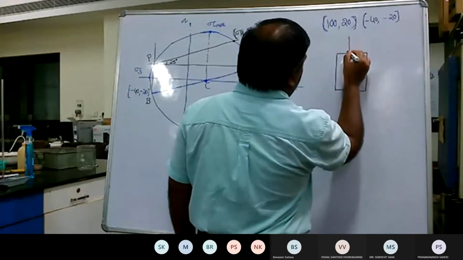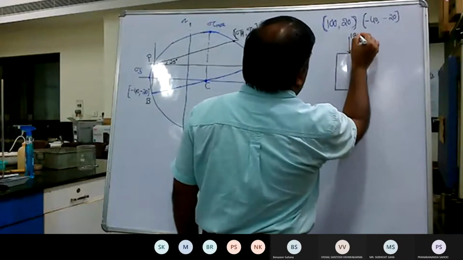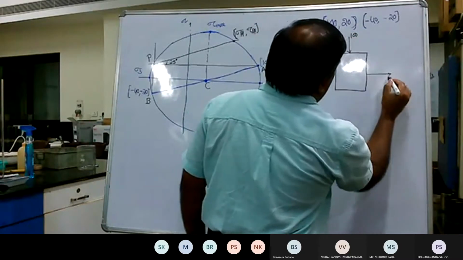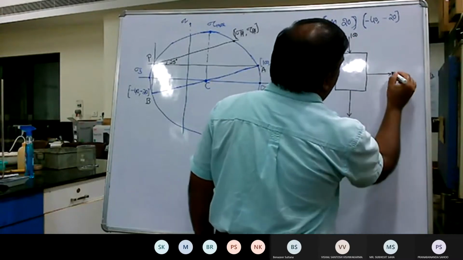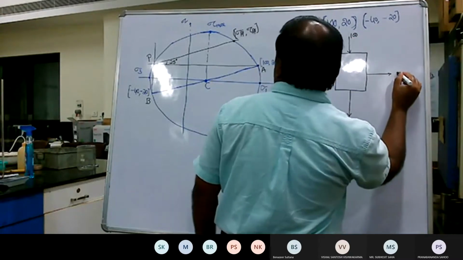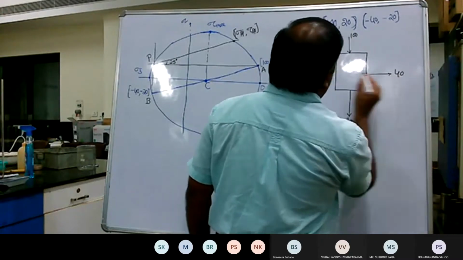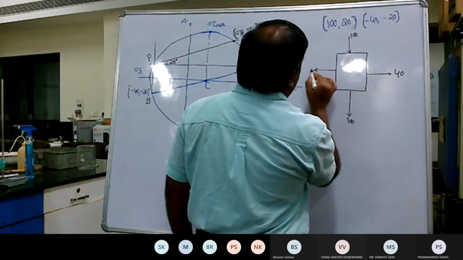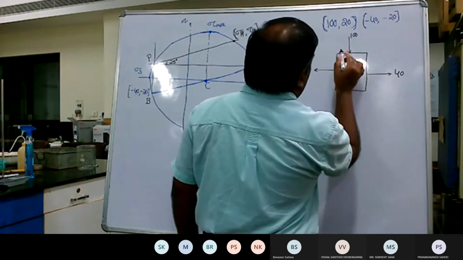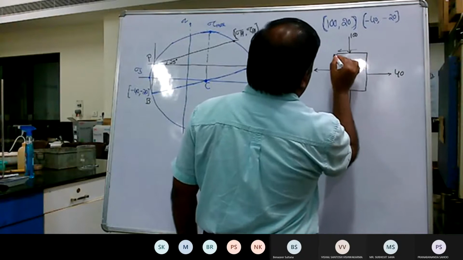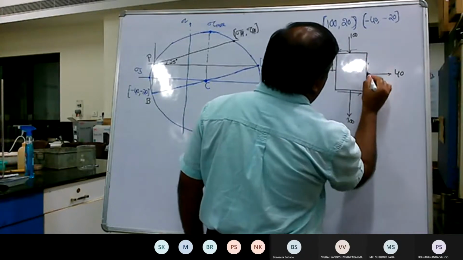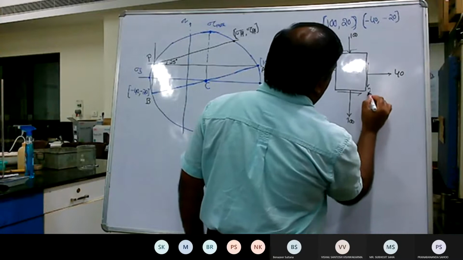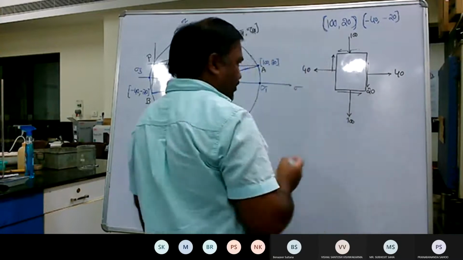It is subjected to 100, this is also 100, and this is 40, this is also 40, and this is the shear stress, 20 shear stress.